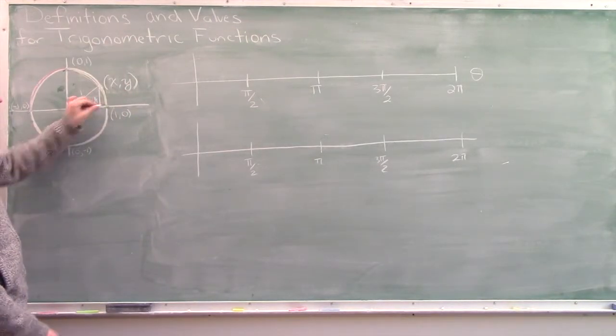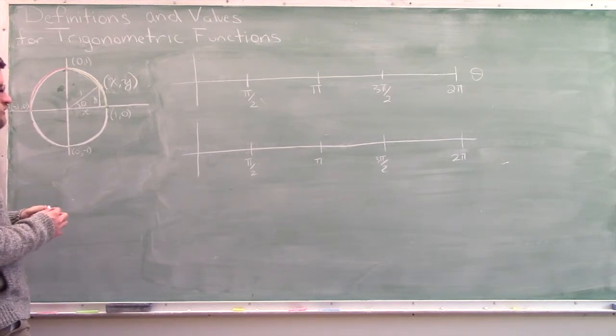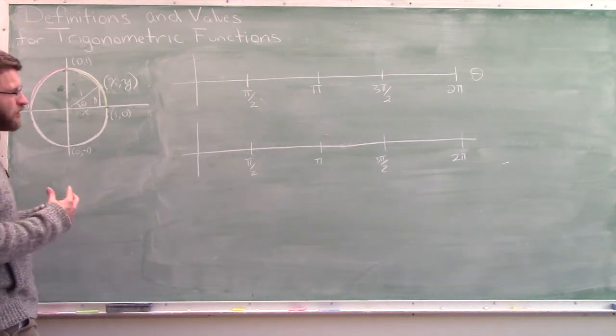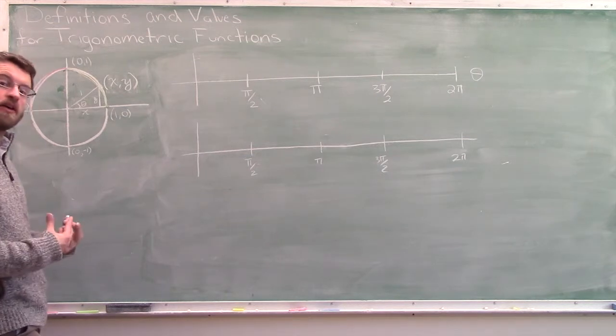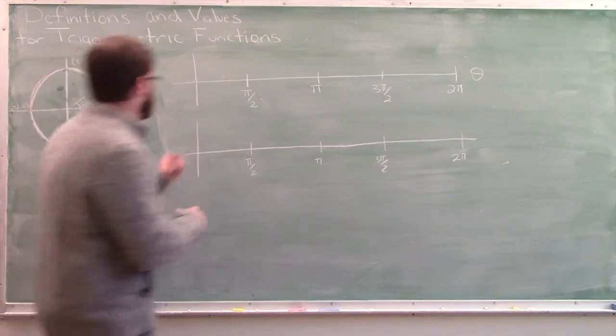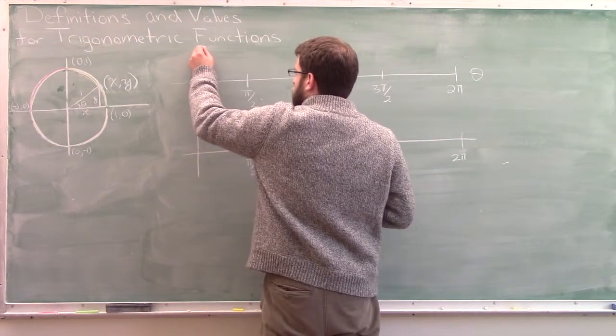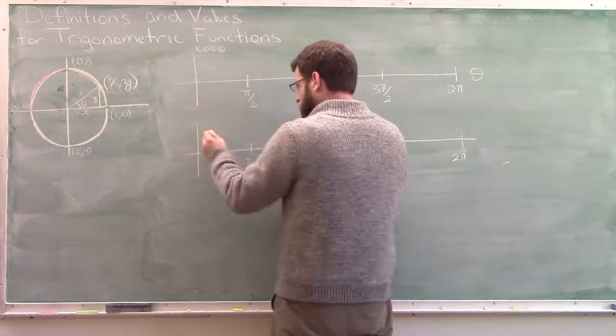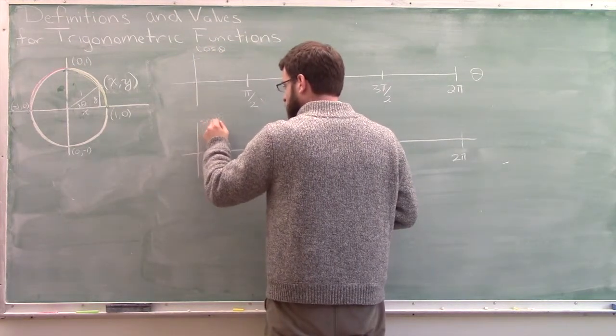We'll see what the graphs look like for that domain, and then we'll look at how we would extend that to other values of theta, either negative values of theta or values of theta greater than 2 pi. So on the top, let's do a graph of cosine, and on the bottom, let's do a graph of sine of theta.